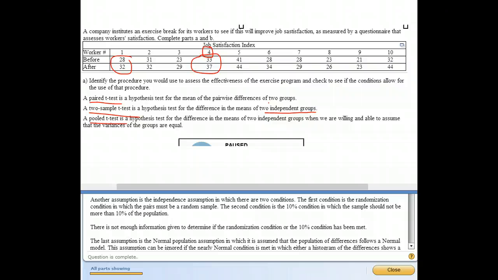But beyond the basic two independent groups, we have to be willing to assume, and this is the important part here, that the variances of the groups are equal. So that's a significant difference between the two sample t-test and the pooled t-test.